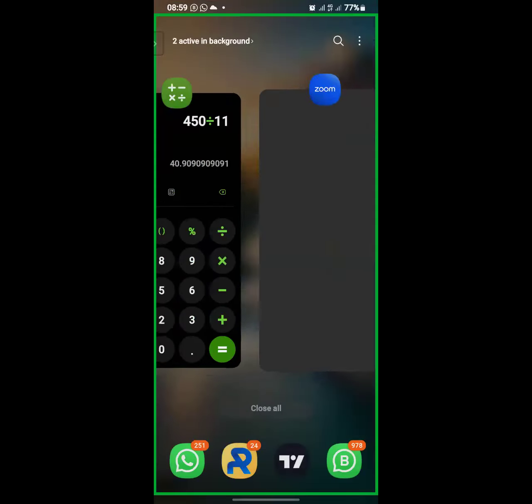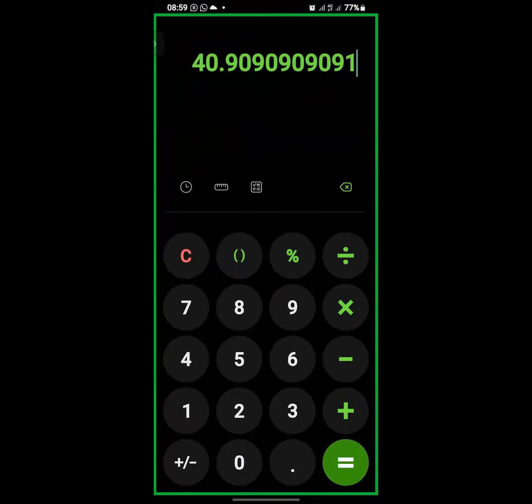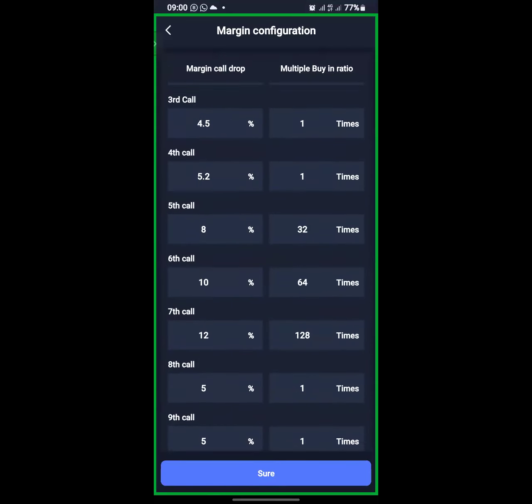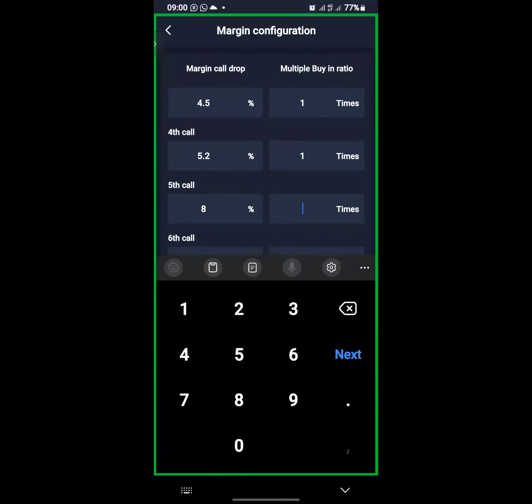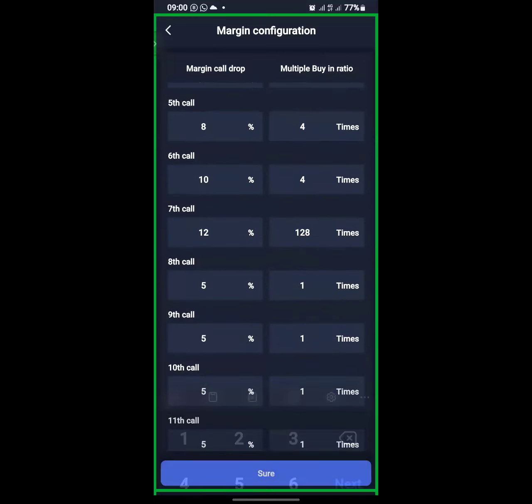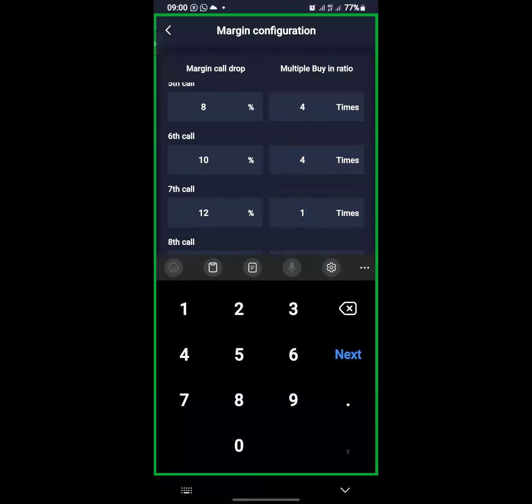With the answer you've got here, 40, you divide it by your first buying amount to get the figure you put there. That's 4. So when you get 4 times 10 is 40, that means you're exposing 40 per call.